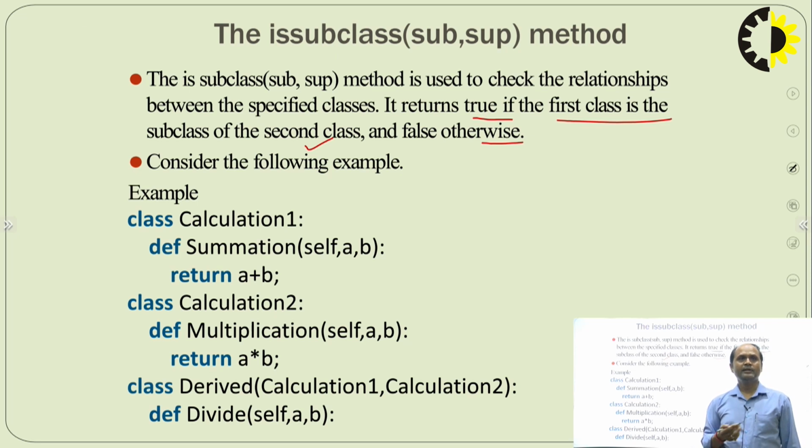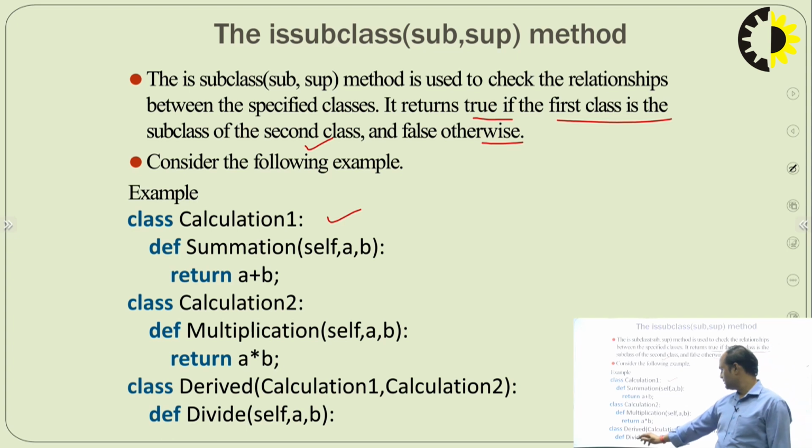So how can we use this superclass and subclass concept in the field of OOP? We can create the class calculation 1. We can create the function definition summation like this, and we can create the class calculation 2 and definition function multiplication, and the return statement is this. Class derived, we can create calculation 1 and 2.